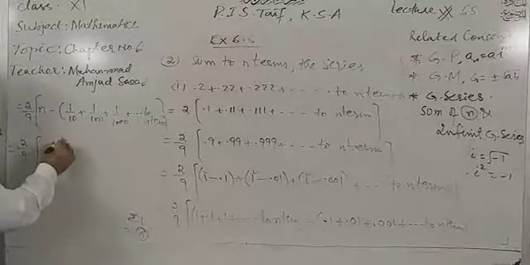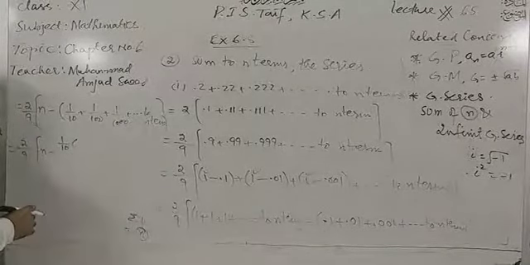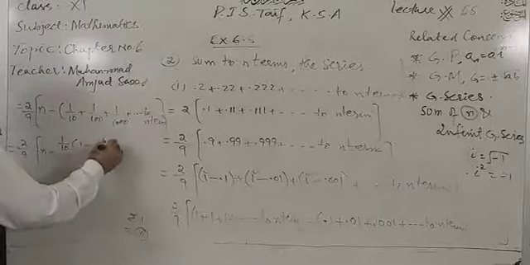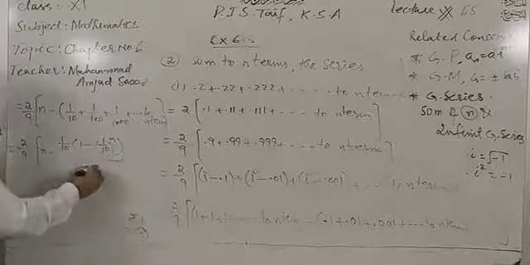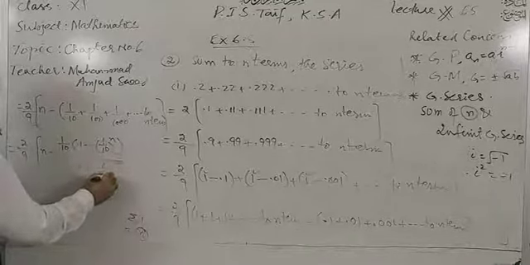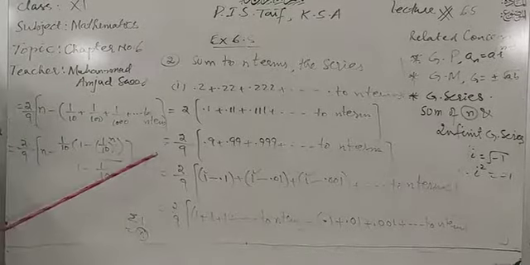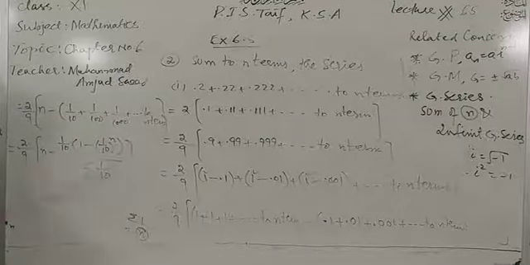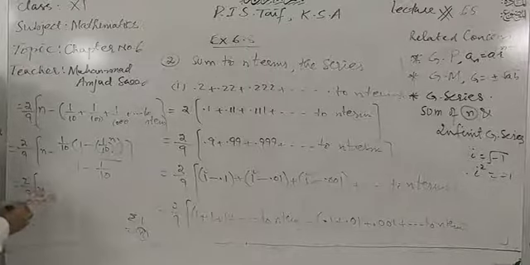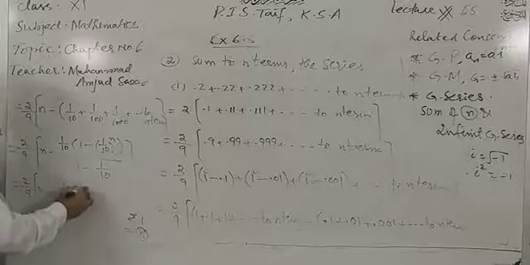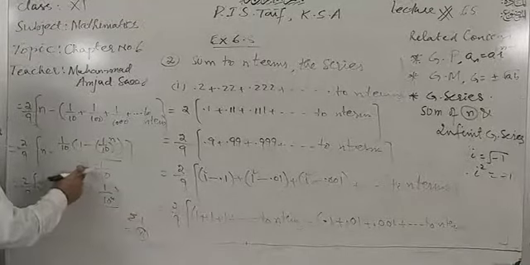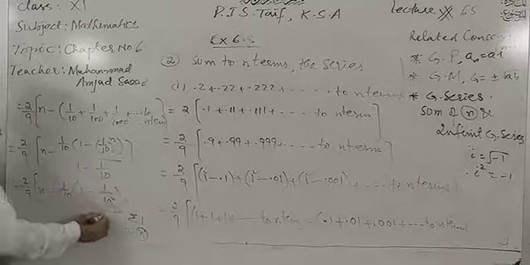So here is A. This is A, 1 minus R^n, 1 over 10 power n, over 1 minus R, again 1 over 10. This is the formula: A into 1 minus R^n over 1 minus R. 2 over 9 into n minus 1 over 10, 1 minus 1 over 10 power n, over 1 minus 1 over 10, which is 9 over 10.